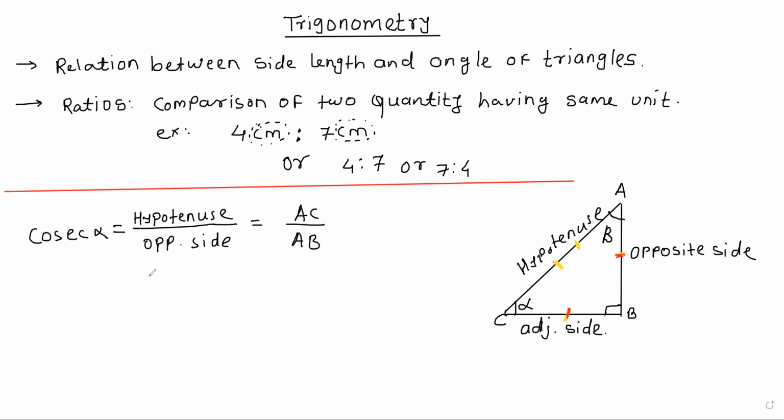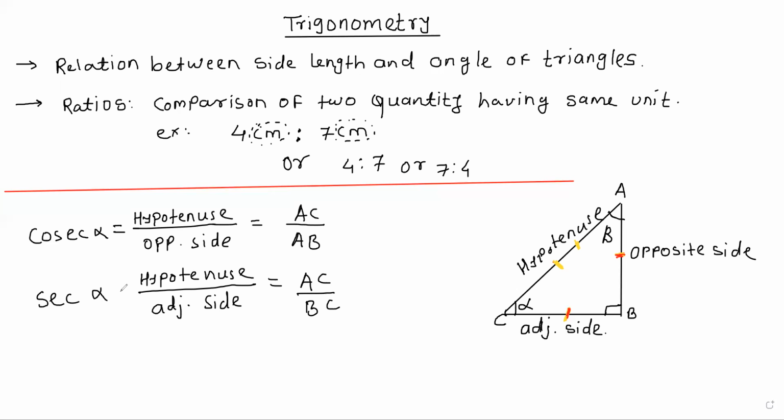Next we compare the hypotenuse with the adjacent side, that is AC upon BC, and this ratio is known as sec alpha.